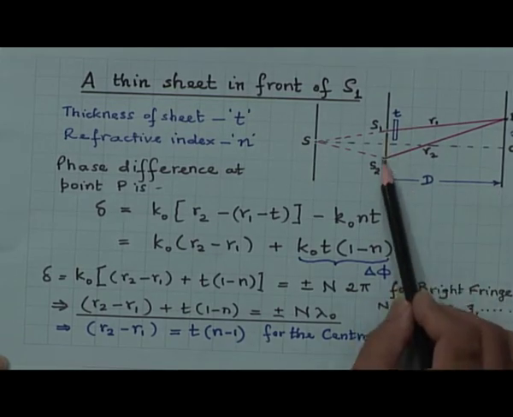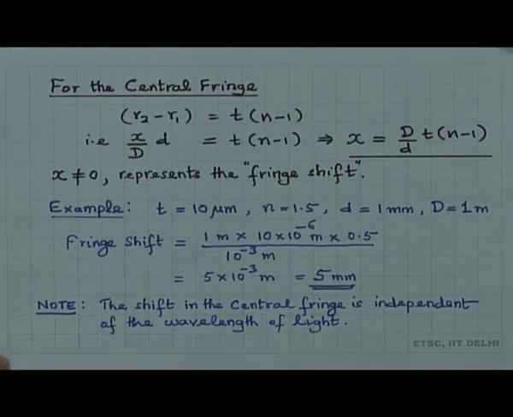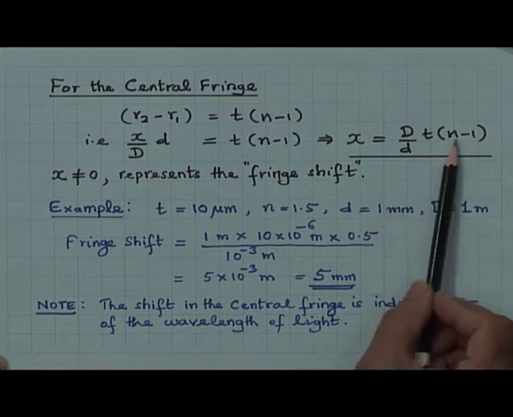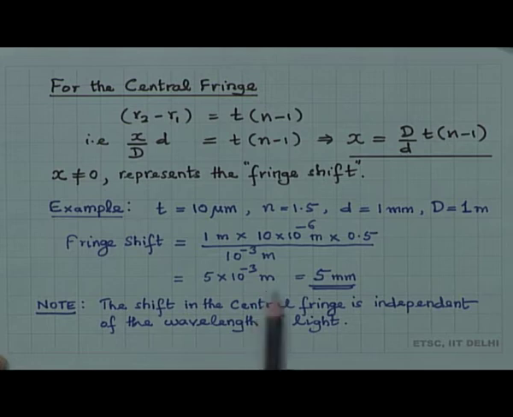If we calculate the fringe shift, we get 1 meter into 10 micrometer into (1.5 minus 1), which is 0.5, divided by d, 1 millimeter, which is 10 power minus 3 meter. That comes out to be 5 into 10 power minus 3 meters, or 5 millimeter. So the central fringe is shifted by 5 millimeter.